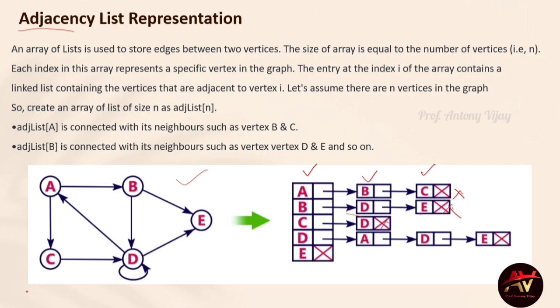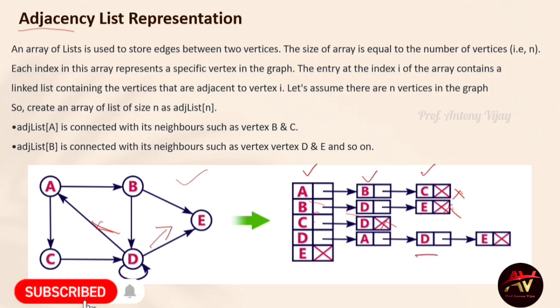And for D, we have A as well as E, and it also has D itself. So D is connected with A, D has a self loop, and D is connected with E. We have to mention the self loop itself.